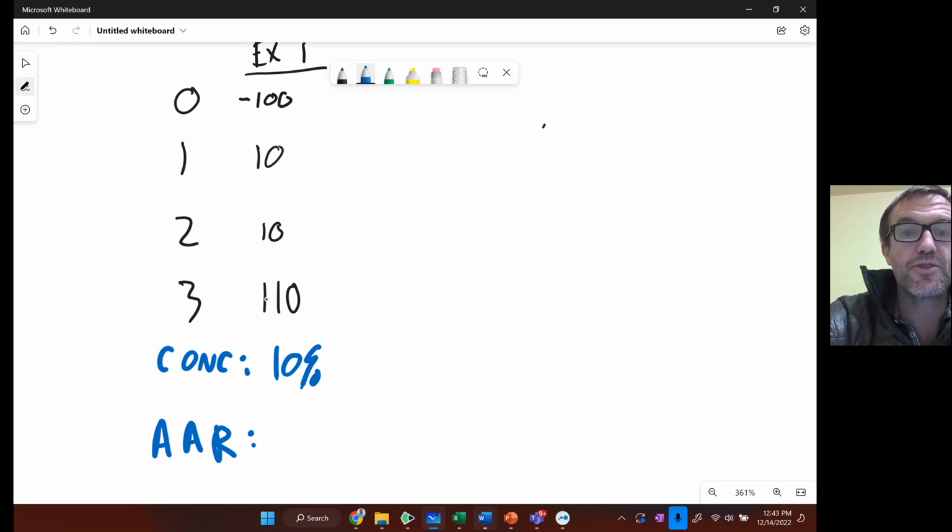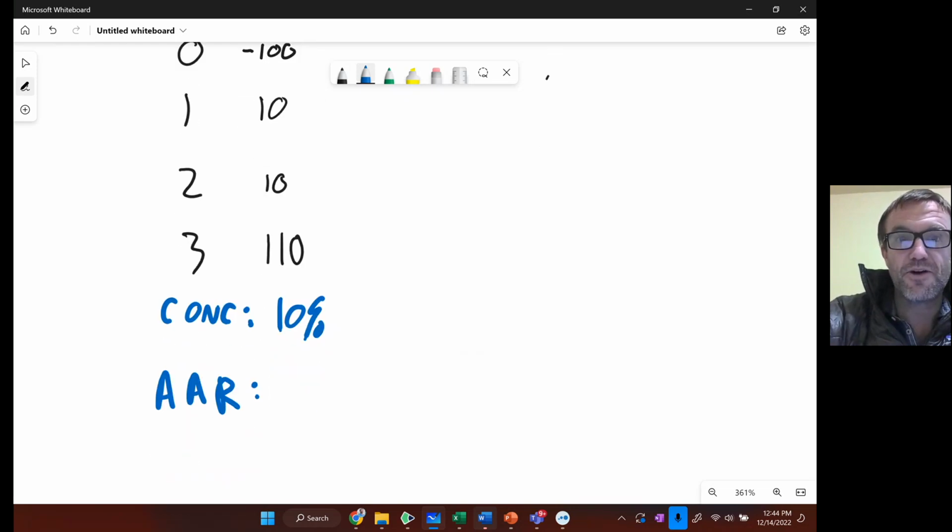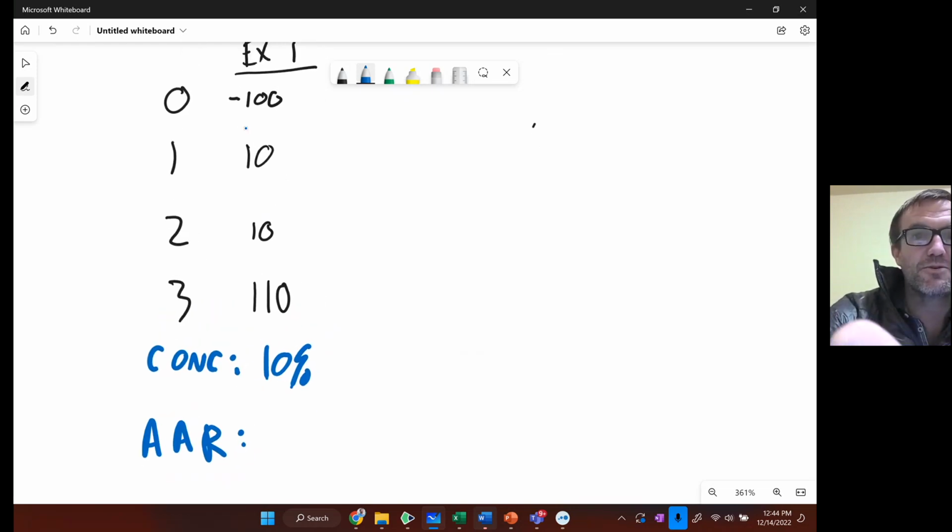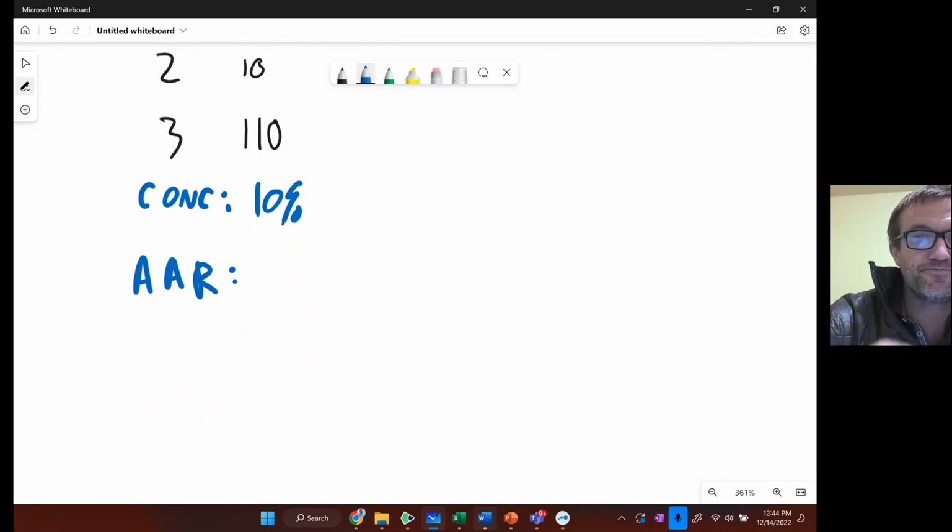If you take 30,000 divided by 3 years, that's 10,000 per year. You divide that by your investment, which is $100,000. Your average annual return is also 10%. And so those are both pretty easy to calculate.